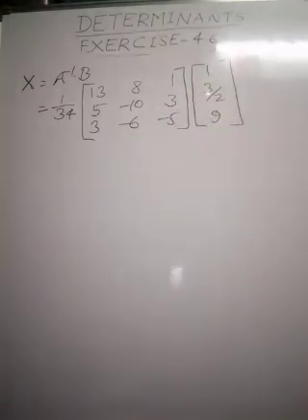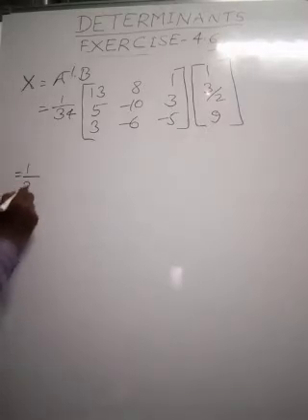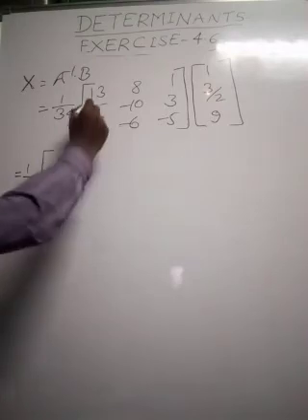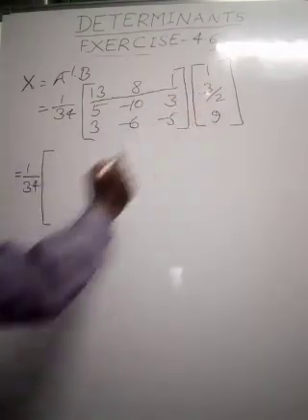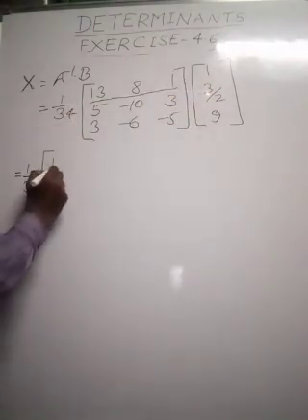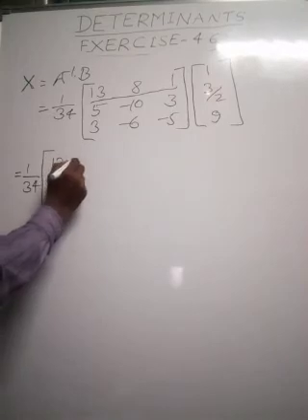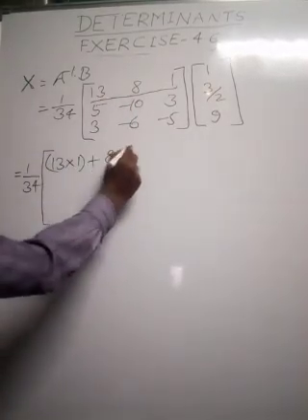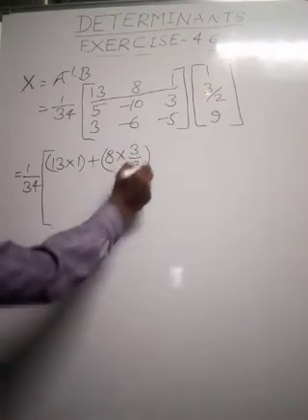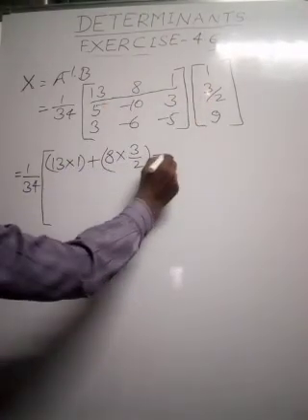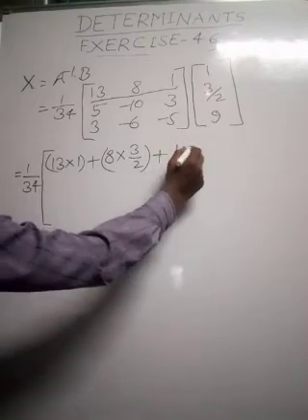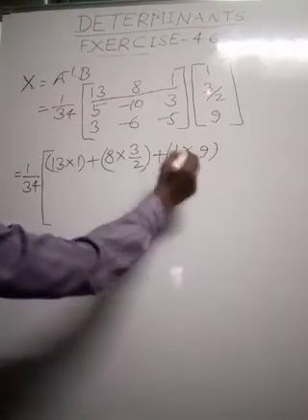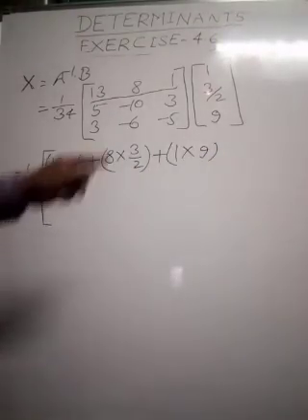Now we are going to multiply these two matrices. This is equal to 1 by 34 into, we have to take the first row and first column. So 13 into 1 plus 8 into 3 by 2, plus 1 into 9. Second element here, also second element. Here third element, here also third element. This is the first element.